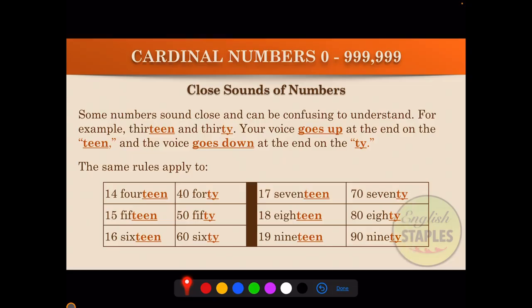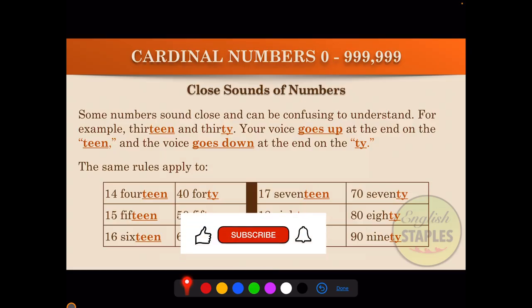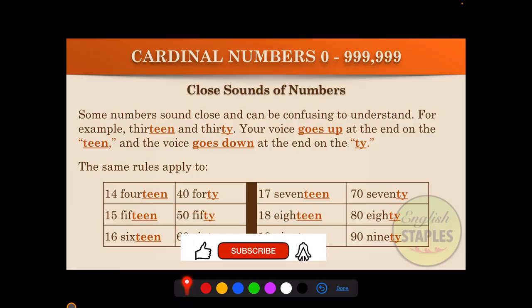Let's look at some close sounds of numbers that can be confusing to understand, especially if you're on the phone. At least face to face, you can see people's mouths, so you can figure out what they're trying to say. But on the phone, it's usually a little bit more difficult to understand what's being said. For example, 13 and 30.